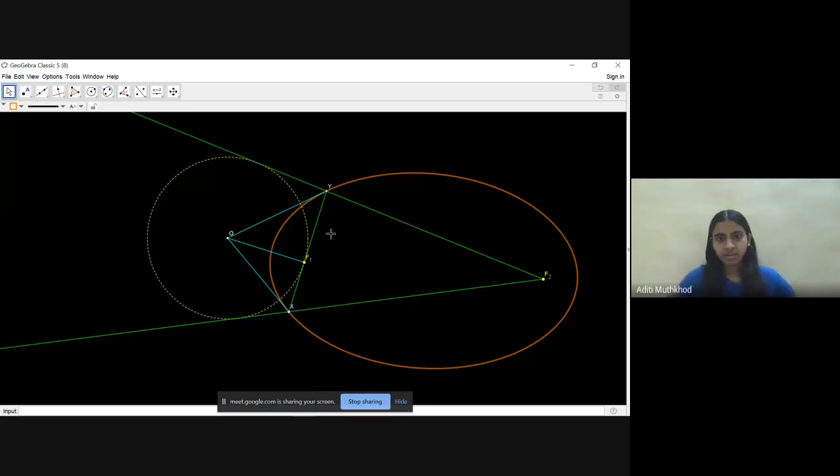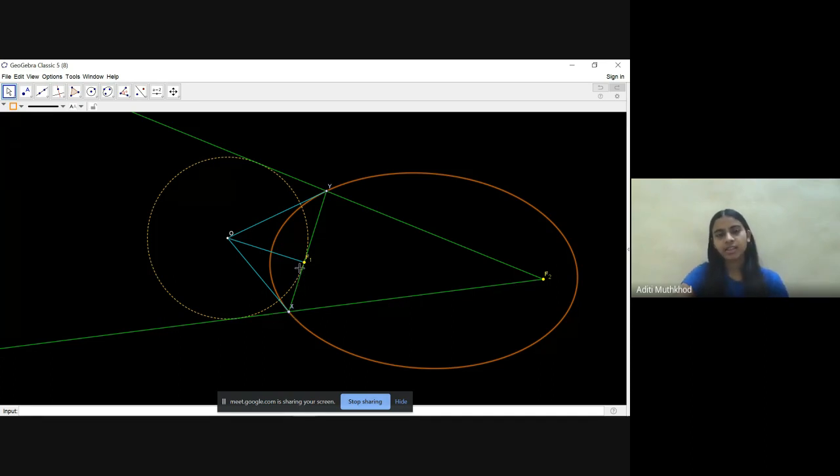Right. It is also interesting to note that the length of the tangent from F2 to this circle is equal to XF2 plus this length, which is XF1. So XF2 plus XF1.